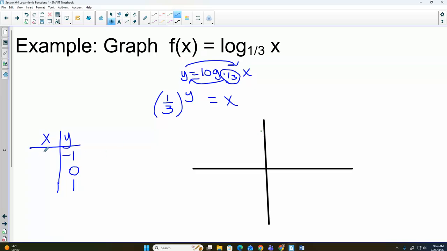What's 1/3 to the -1 power? 1/3 to the 0. And 1/3 to the first. -1, 1, 0, 1/3, 1.